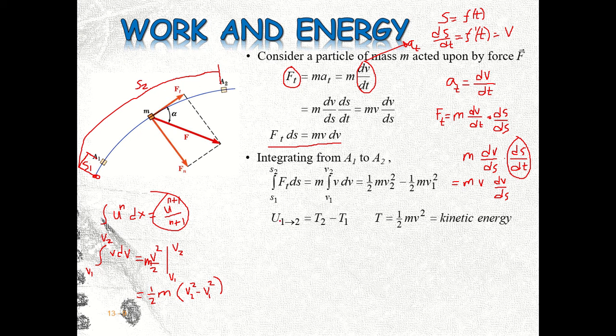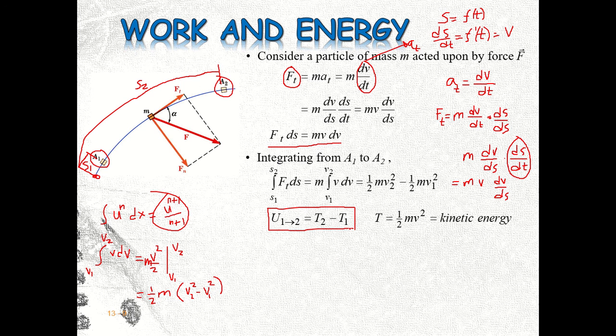And now we have a definition: the work done by a force from 1 to 2, meaning from this point E1 to E2, is equal to T2 minus T1, where T is the kinetic energy. So that is our definition.